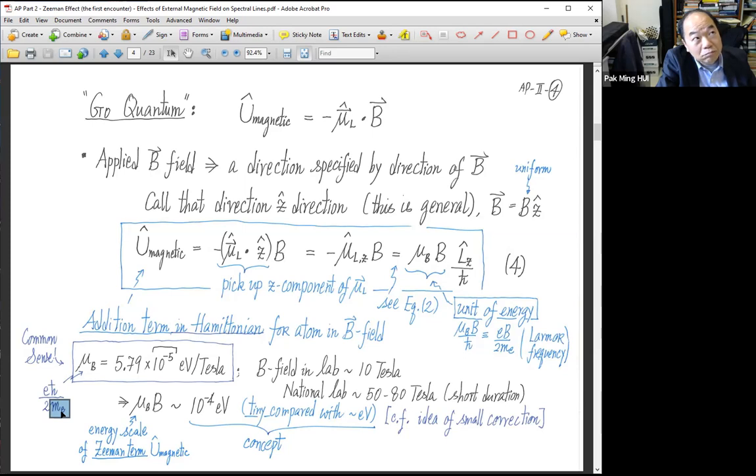Is that right? Let me see. Electron is half an MeV. And then proton mass is 1000 MeV. Okay, so maybe 2000 times bigger. Therefore, the Bohr magneton for a proton will be 10 to the minus 8 eV per Tesla. The effect will be even tinier. Get me?